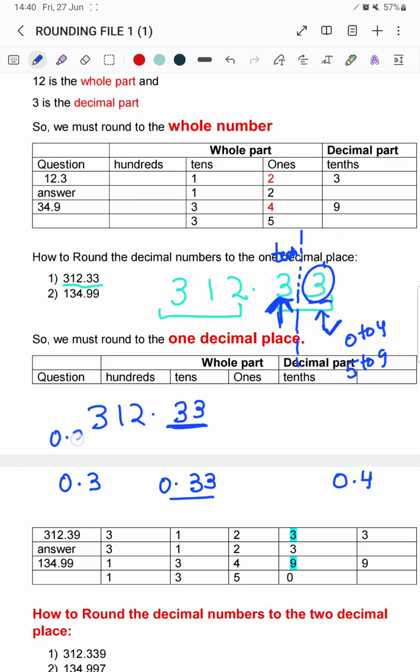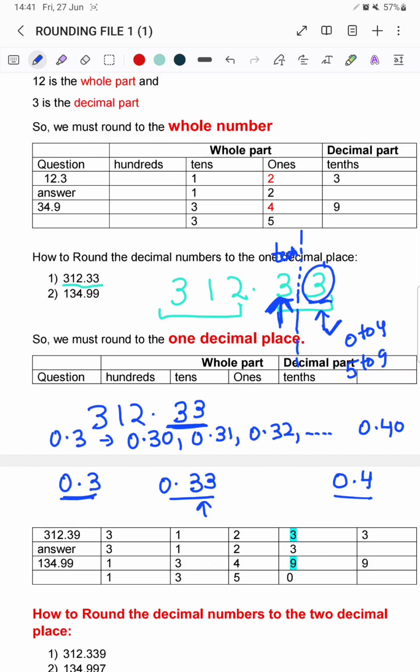Because 0.3 can be written as 0.30 with two decimal places, because this is a two decimal place number. Then we have 0.31, 0.32 and so on up to 0.40. So this number lies between 0.3 and 0.4. You can write it like 0.40 also.